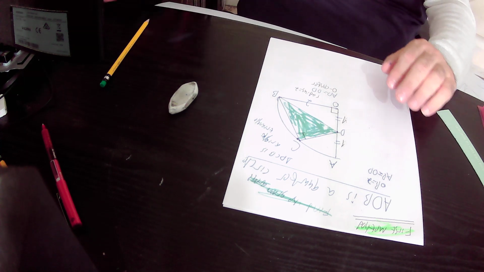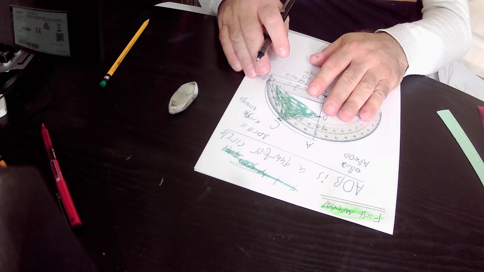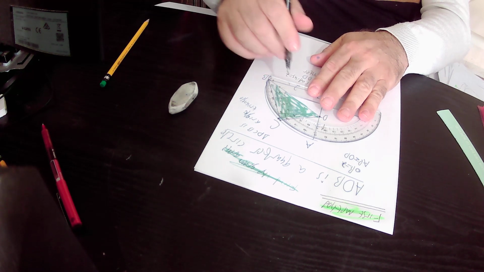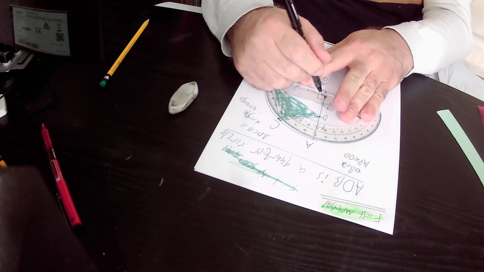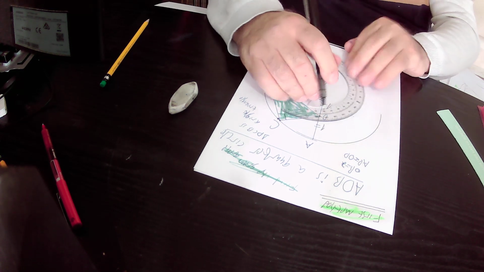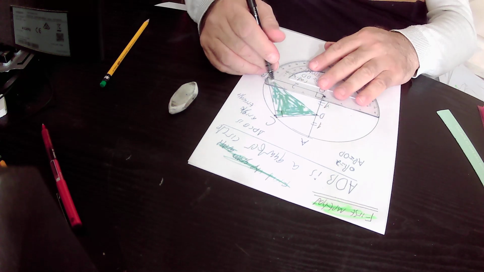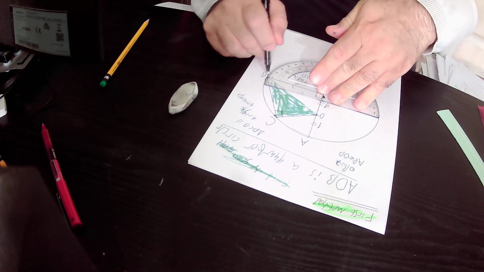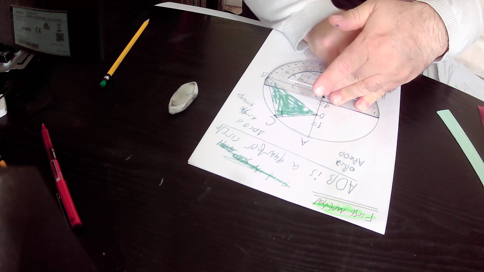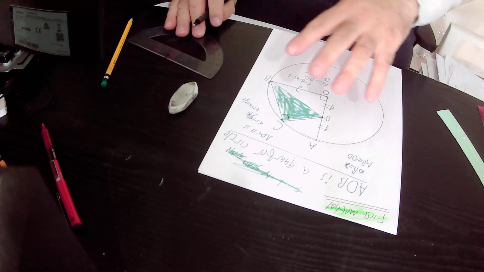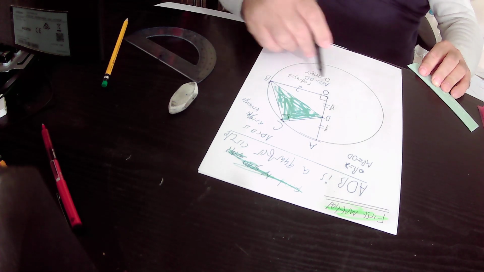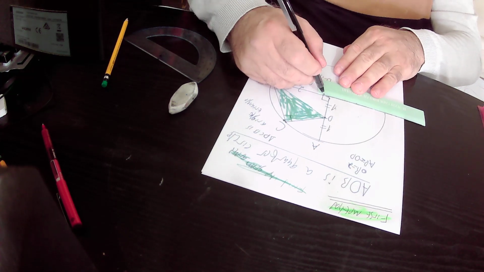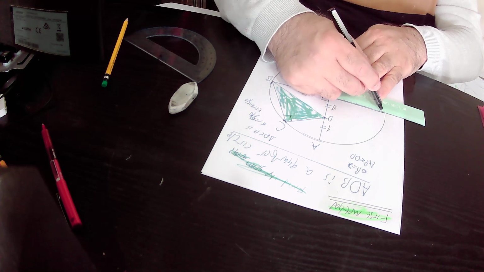In the next step, we'll complete the quarter circle to a circle, and we'll extend the radius BO by a straight line until it touches the circle at this point.